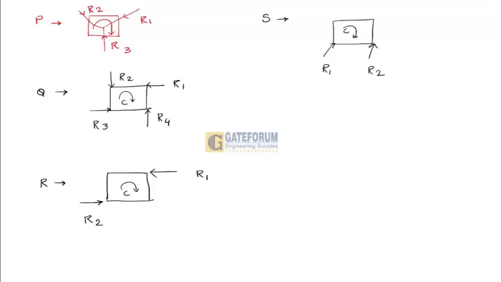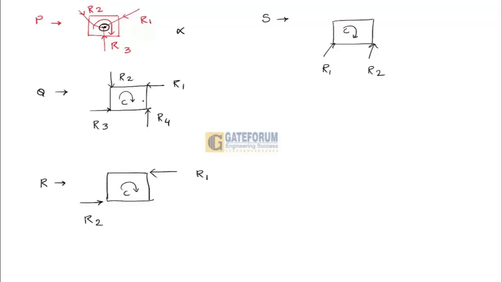So for configuration P, reactions R1, R2, R3 are concurrent and at the centroidal point, right? Which cannot produce balancing moment about the centroid. So equilibrium is not possible for P. Whenever in the configuration, moment can be provided with the given reactions, equilibrium is possible.